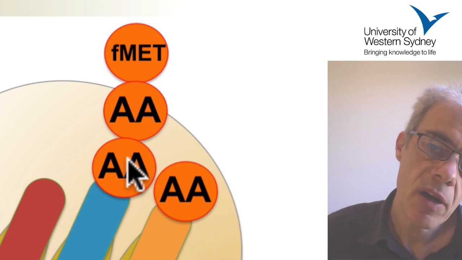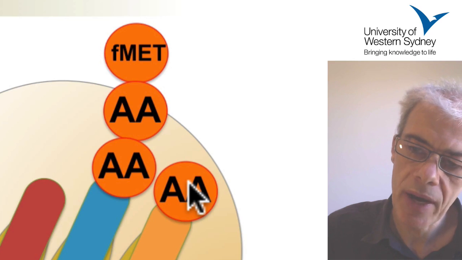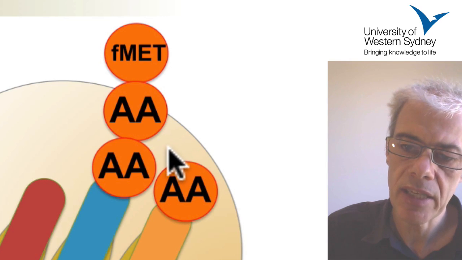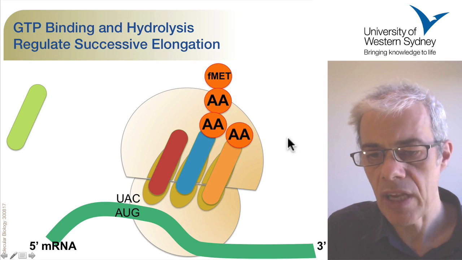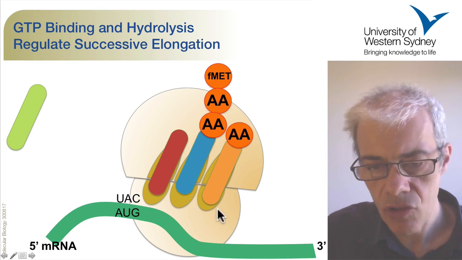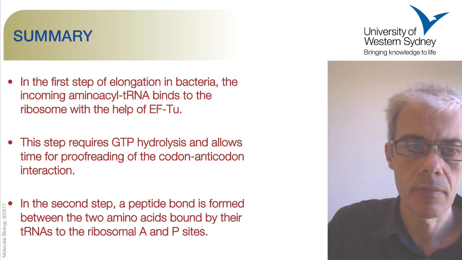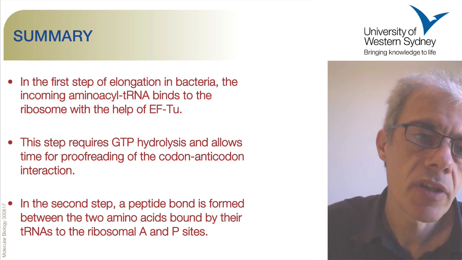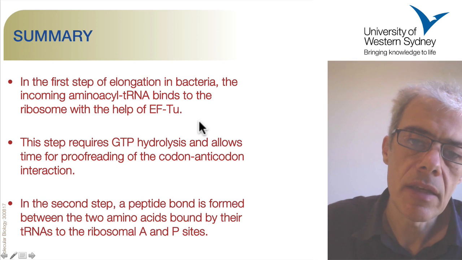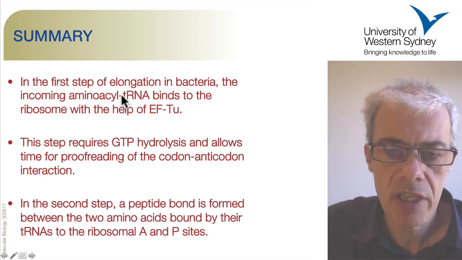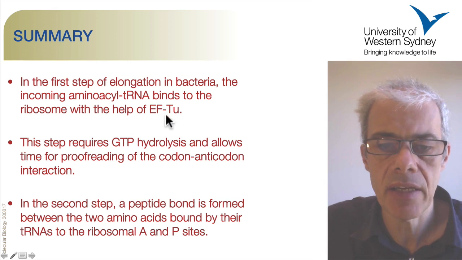So the growing polypeptide is transferred to the incoming amino acid, and then the enzyme activity of the ribosome catalyzes the peptide bond formation, and then the hydrolysis of the GTP drives the ribosome movement along the messenger RNA. So again, some dot point summaries from the textbook. The first step in elongation is an incoming aminoacyl transfer RNA binding to the ribosome with the help of this elongation factor Tu.